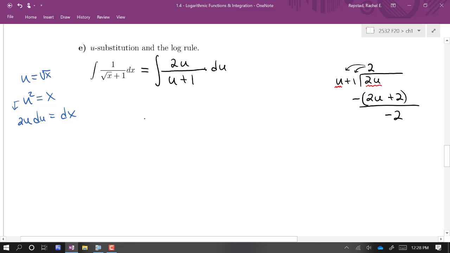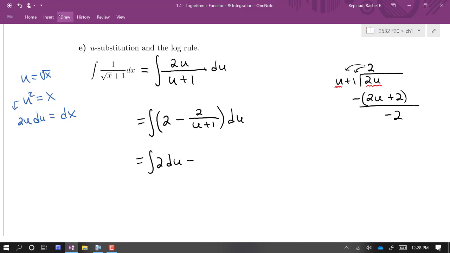And we interpret this to mean this fraction, 2u over u plus 1, is 2 minus 2 over u plus 1 du. Now we can split up this integral of 2 du minus, and I'm going to pull this factor of 2 outside of the second integral. So I have 2 integral du over u plus 1.